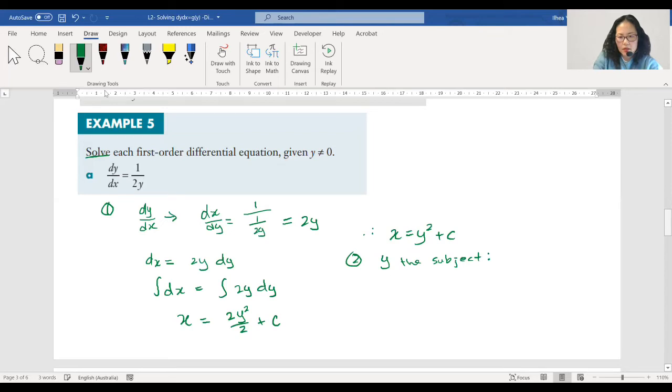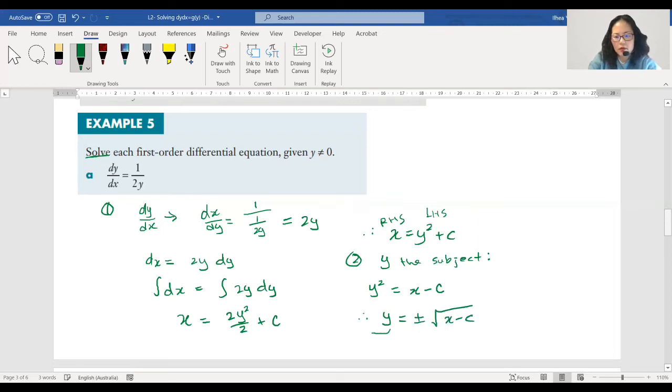I'm going to make this whole thing my left-hand side, and that's my right-hand side, because I want the y to be on my left. So if I do that, y squared equals x minus c. Okay, and I don't want y squared, I want y equals. So therefore, plus or minus the square root of x minus c.